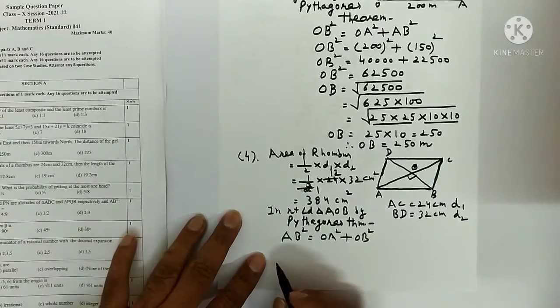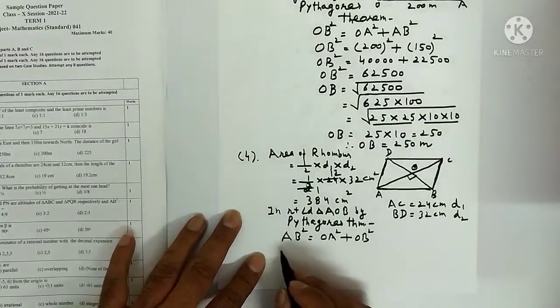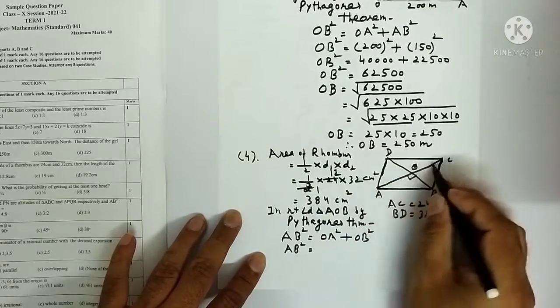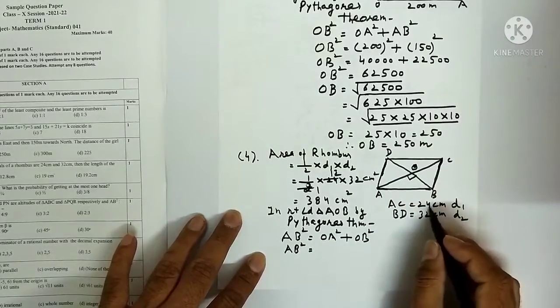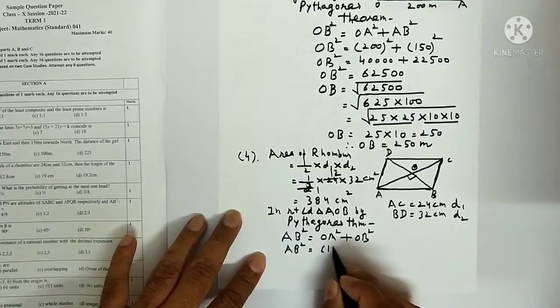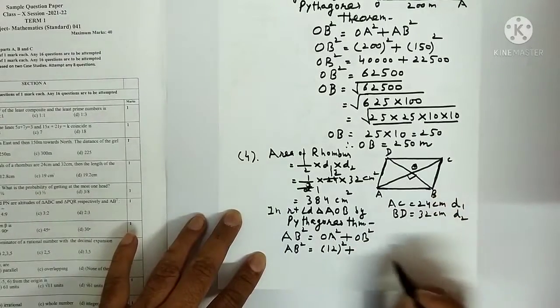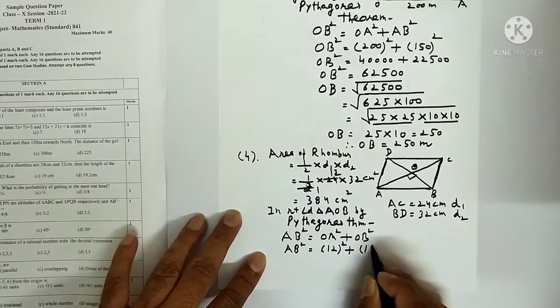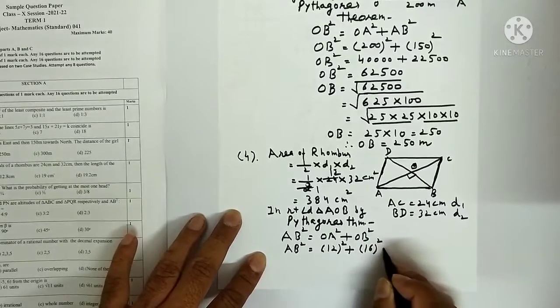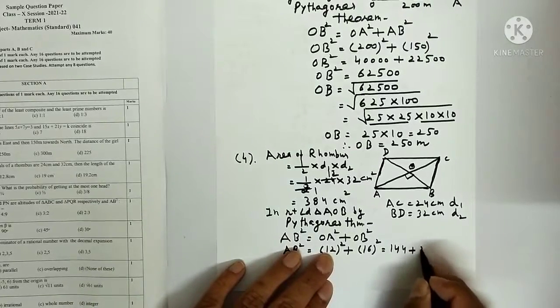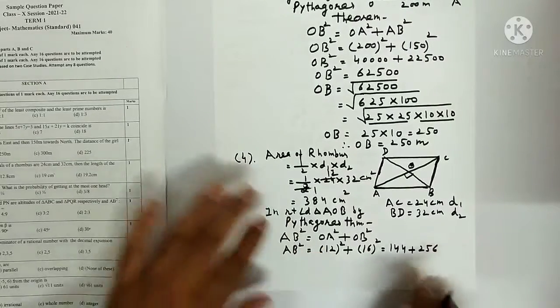So AB side is not given to you, AB square only. OA is the half of AC. So AC was 24, so it will become 12. And OB is the half of BD. BD was 32. Half of 32 is 16. 12 12s are 144. 16 16s are 256.